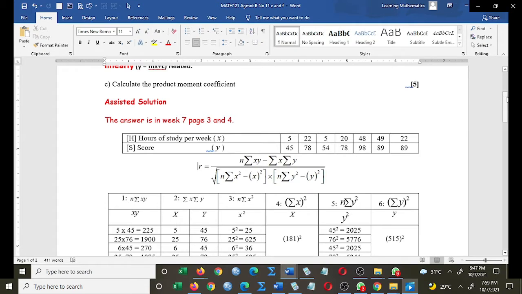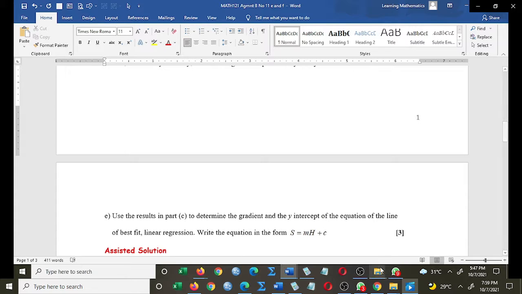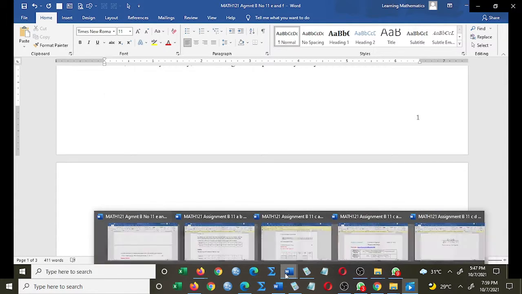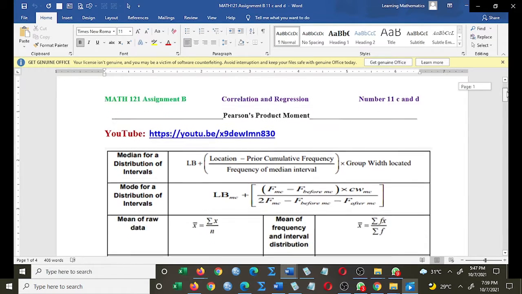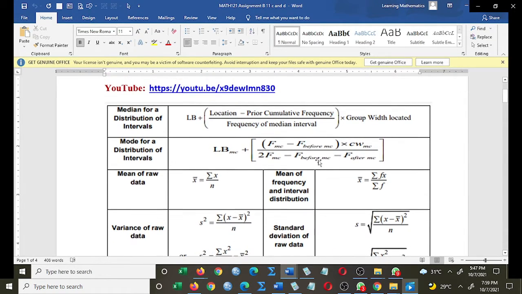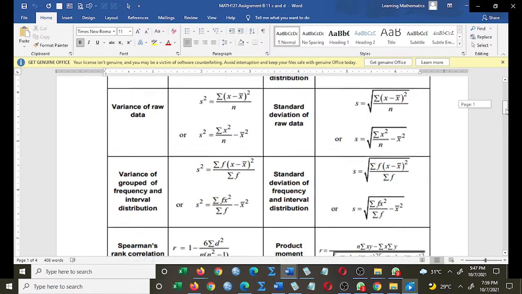Okay. Now, the question E is asking for the gradient and the y-intercept. Remember we said we're going to use all the formulas in that list. We have used the median for interval, mode for interval, mean for raw, mean for grouped, standard variance and standard deviation for raw, variance and standard deviation for grouped.